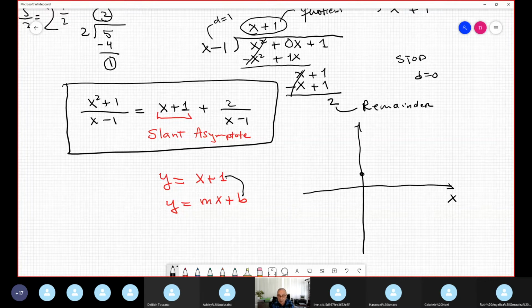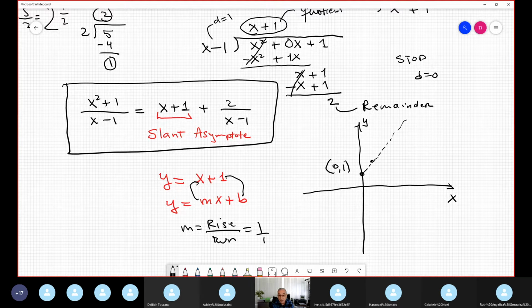This represents the y-intercept, (0,1). And the slope is also 1. It's a coincidence. The slope is run and rise, and it's 1 in our specific example. Now, run is 1, rise is 1. So 1 up, 1 to the right. We get the second point, and we connect. And this is my dotted line, my slant asymptote, which is y equals x plus 1.